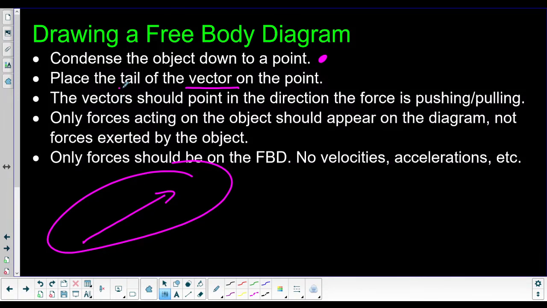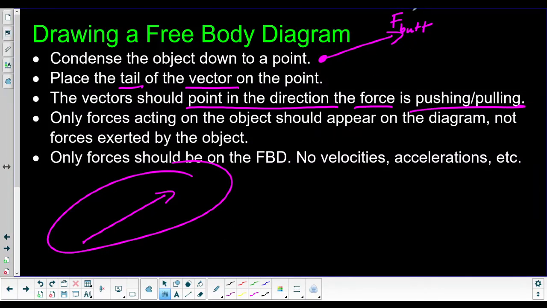So we're going to put the tail of the vector on the singularity, and then that's it. That's our force. We probably want to label it force, or whatever force is being applied. Okay. The vector should point in the direction the force is pushing or pulling.